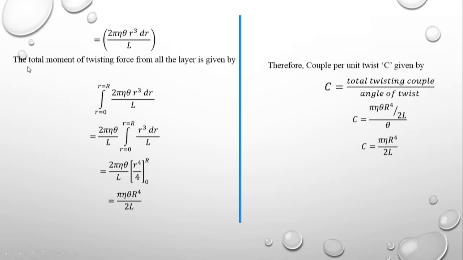How many layers exist, and what will be the total twisting force on each layer? This is the order of force which can be expressed for one layer.